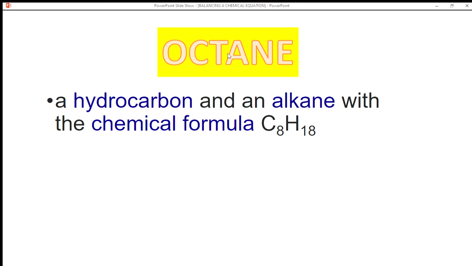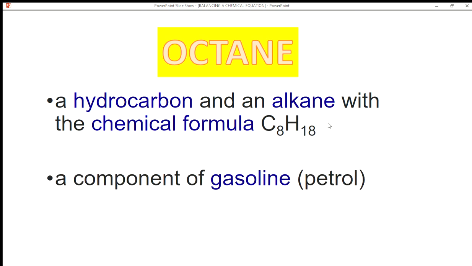And octane is an alkane with a molecular formula C8H18. Octane is a component of gasoline, or here in our country, it's known as petrol.